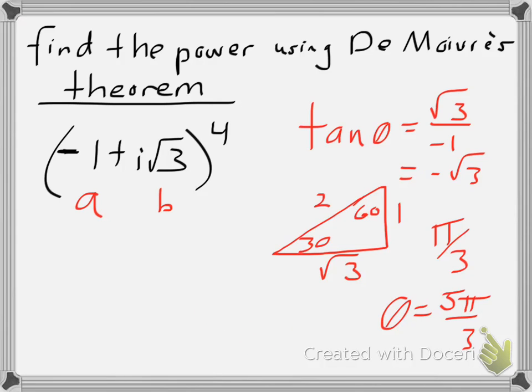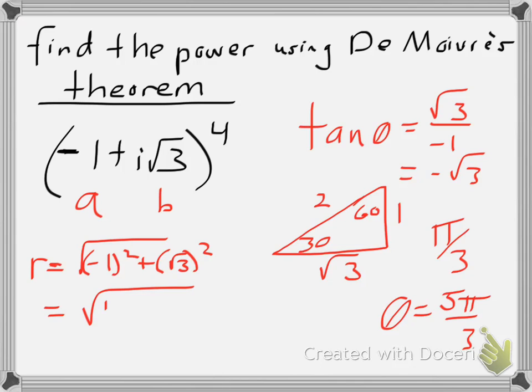Now I have theta. I want to determine r. I'll say r is equal to the square root of negative 1 squared plus square root of 3 squared, which becomes 1 plus 3, which is 2. So I have r, I have theta, and the 4 becomes my n.